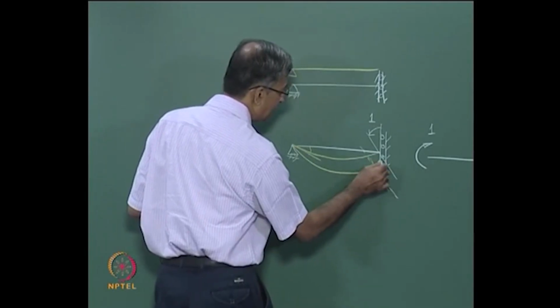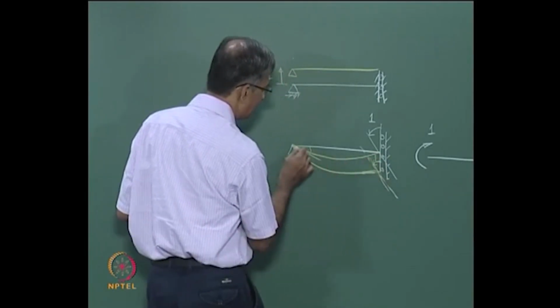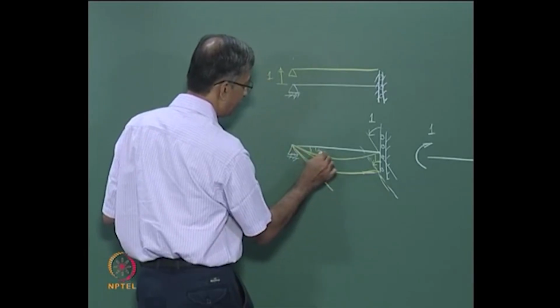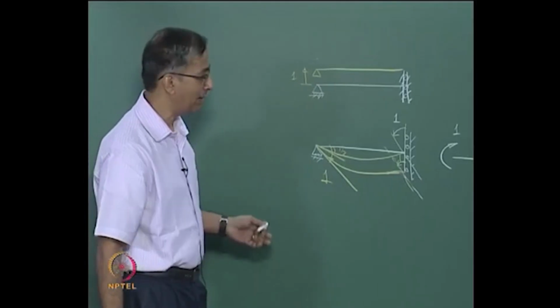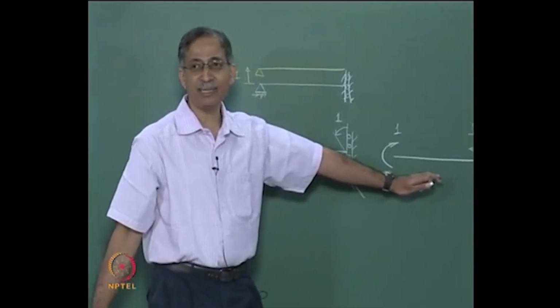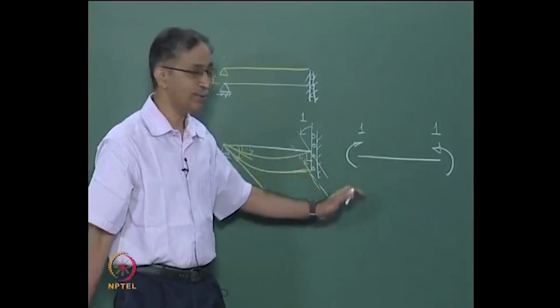Still maintaining this change in angle is 1 here, and from half this increases to 1. So that is a physical explanation, and the answer is absolutely crystal clear, it has to be -1.